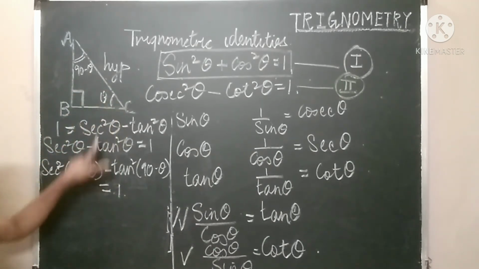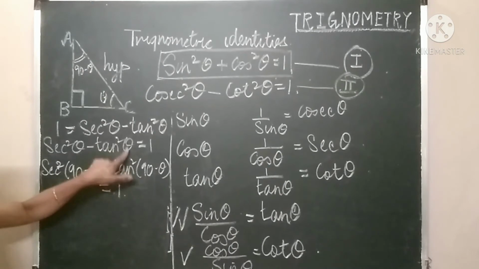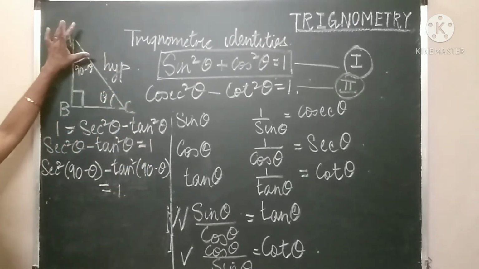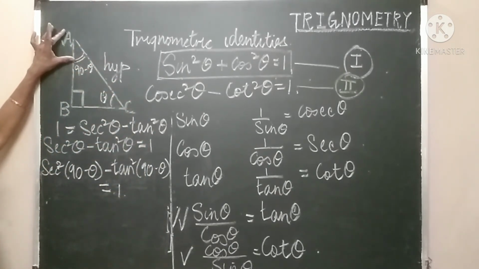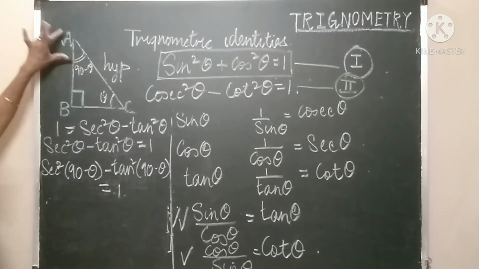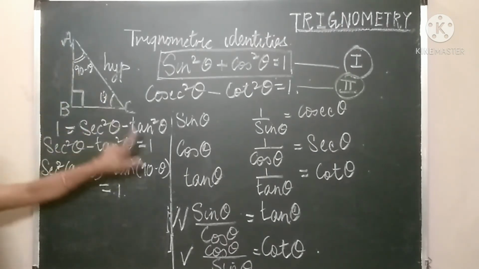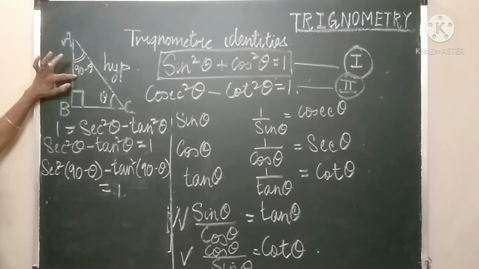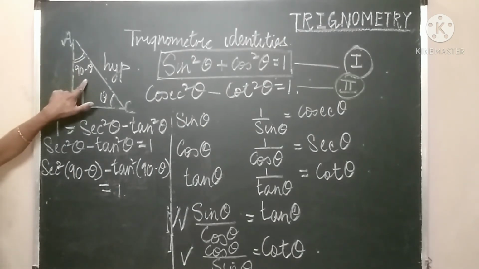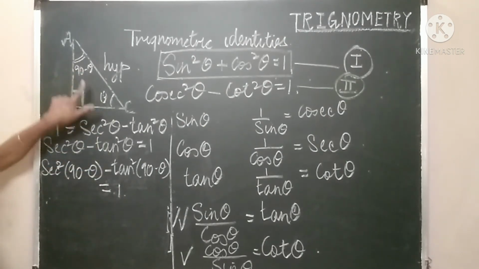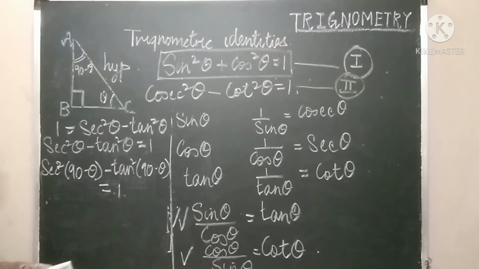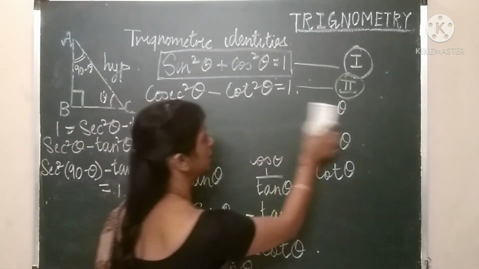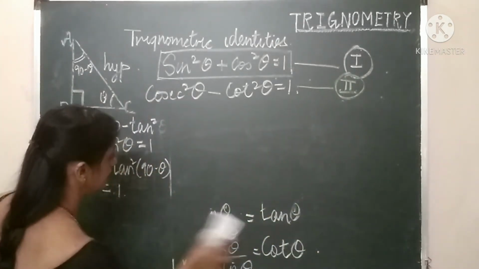If your reference is the other acute angle, then sec square A minus tan square A is equal to 1. Or if the measurement is given, sec square 90 minus theta minus tan square 90 minus theta is equal to 1. So this was the third trigonometric identity.